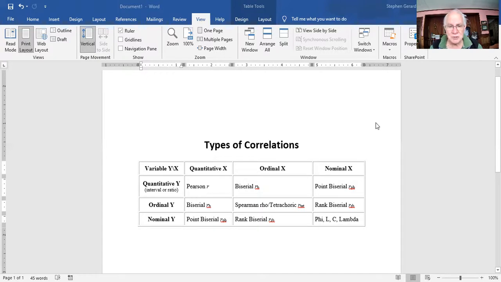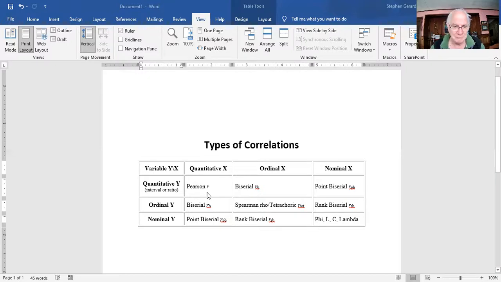What this chart shows is that different kinds of data need different kinds of correlation types. Again, Pearson's R, just the plain R, is what you see most commonly. In 95% of what you're going to see in literature, that's what they're working with.